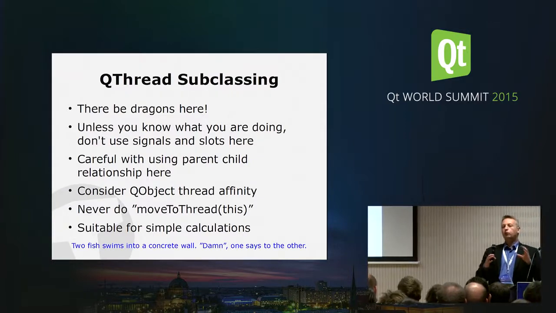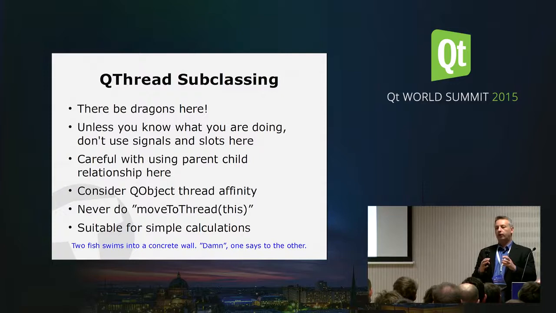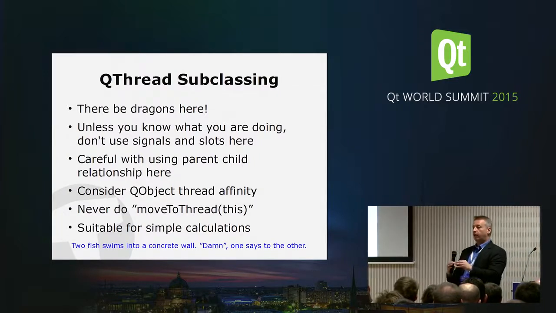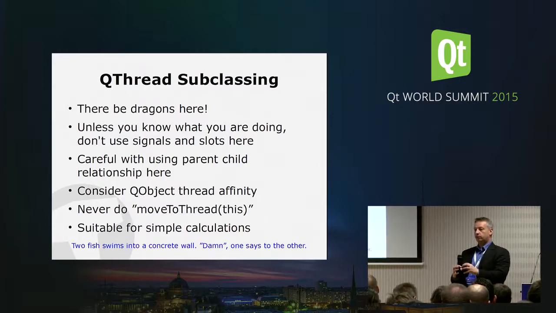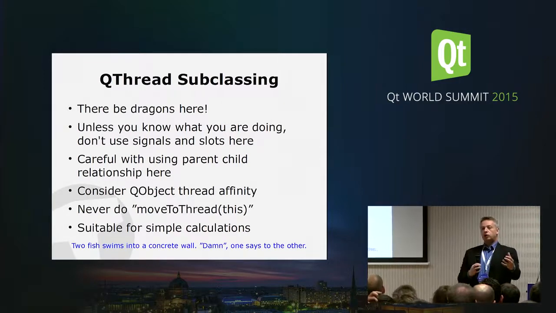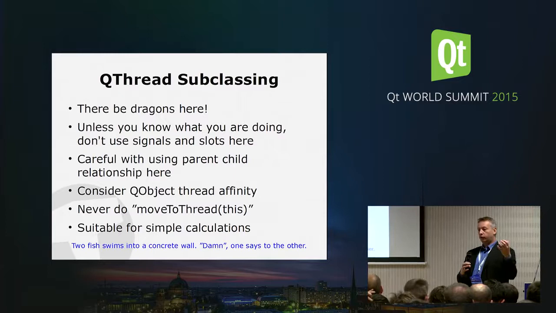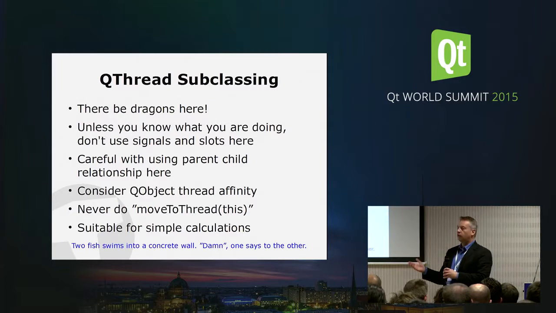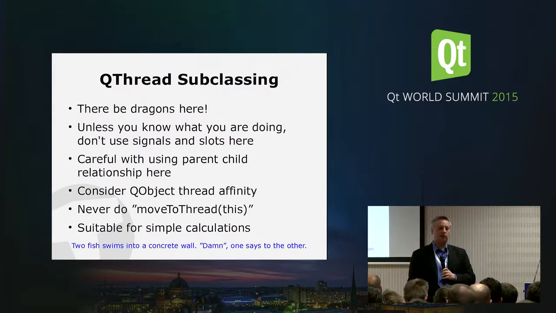So what's happening inside QThread, the object itself, when you do run, now you're in the thread you've created. So the constructor and the destructor of QThread run in the thread that created it, but run runs in the thread that's created. I don't know if I make it sound difficult. That's actually not the difficult part.